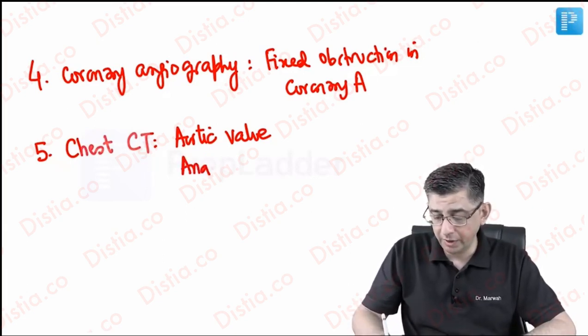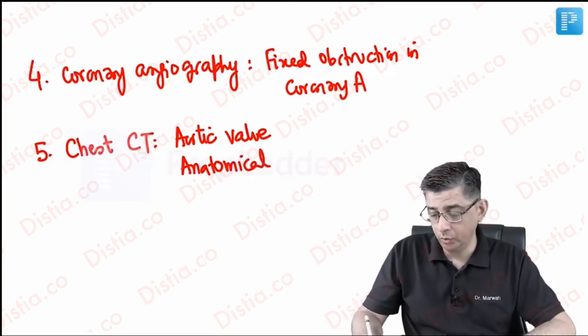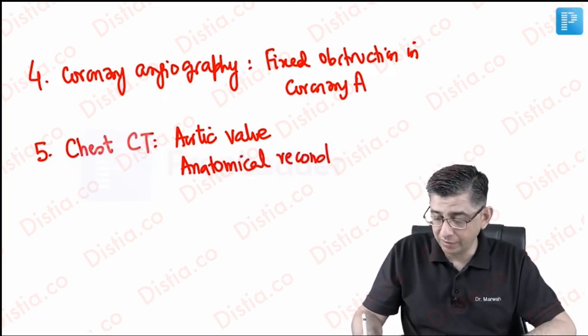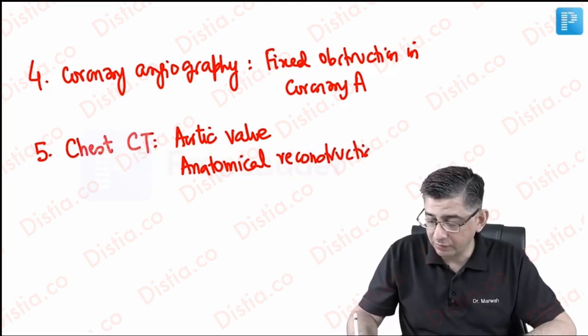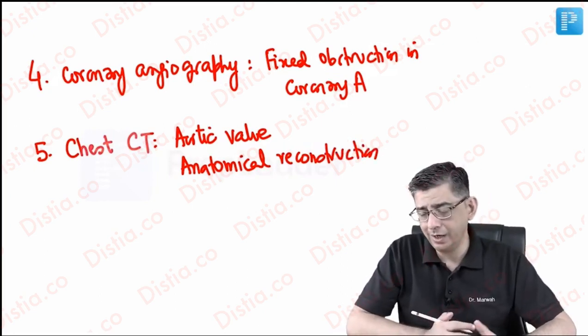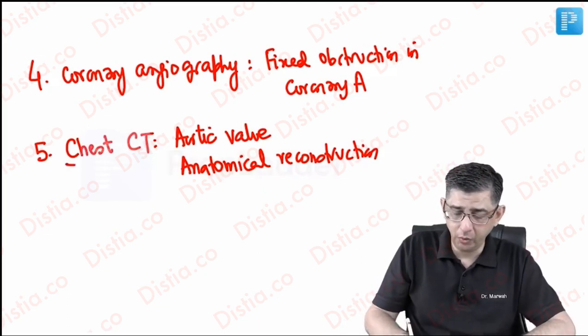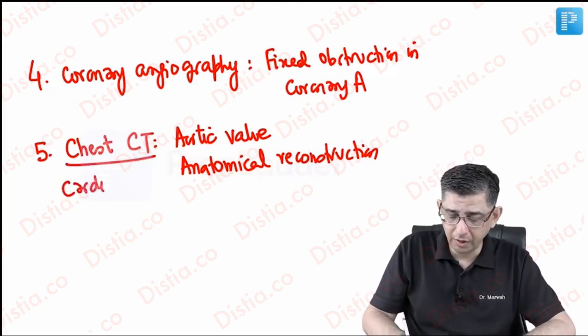So before intervening in the patient, I definitely would like to know the exact anatomical defect present so that we can take appropriate action. So anatomical reconstruction can be done, and nowadays we can also do a cardiac MRI.